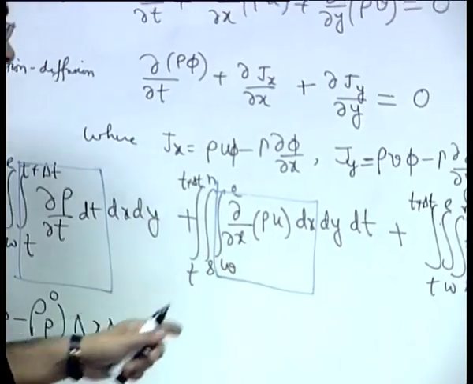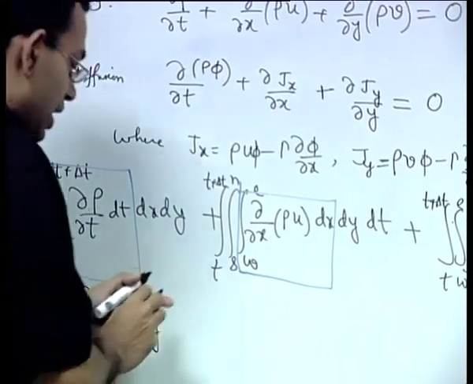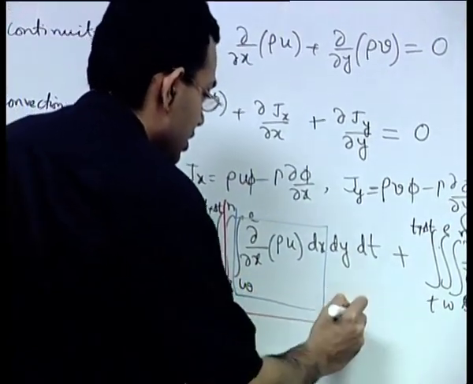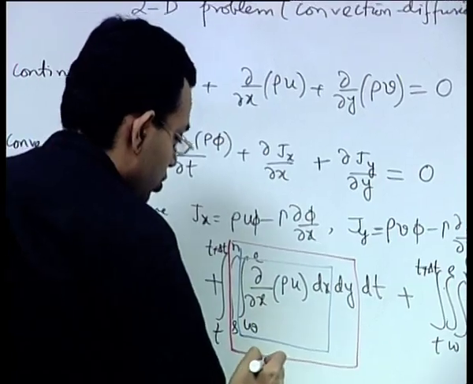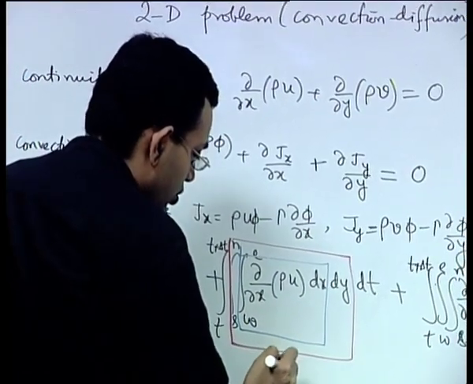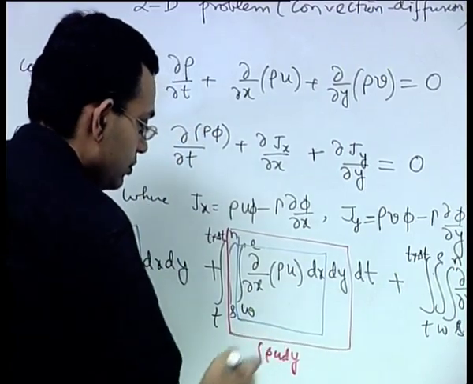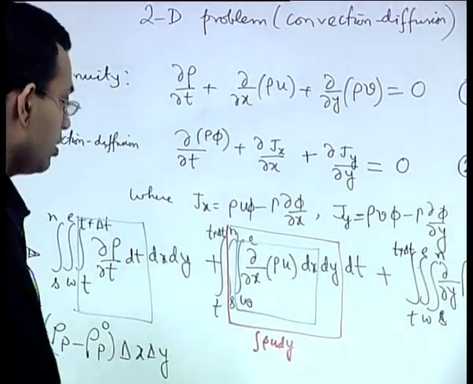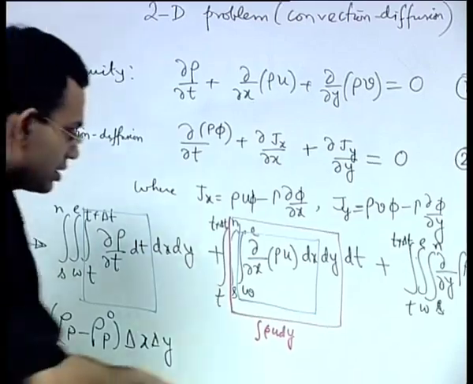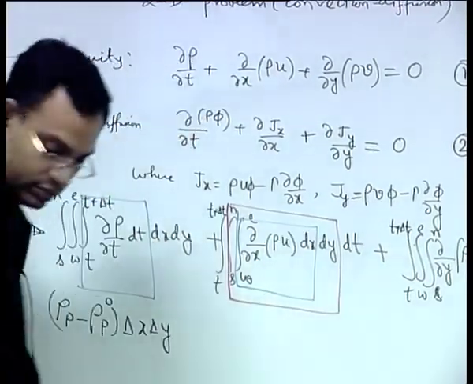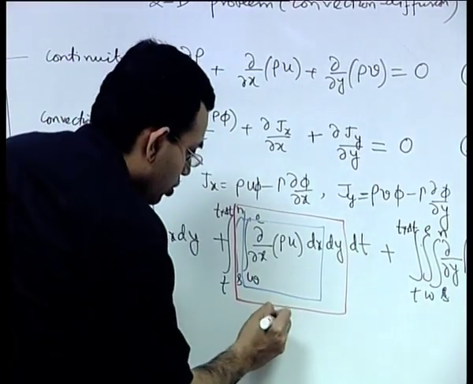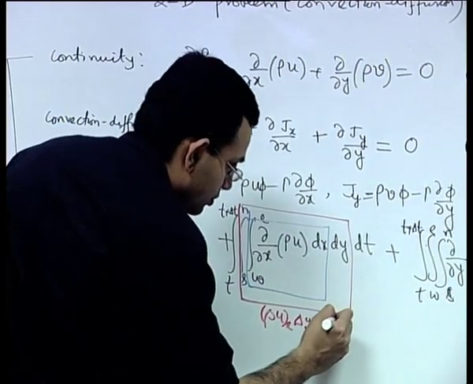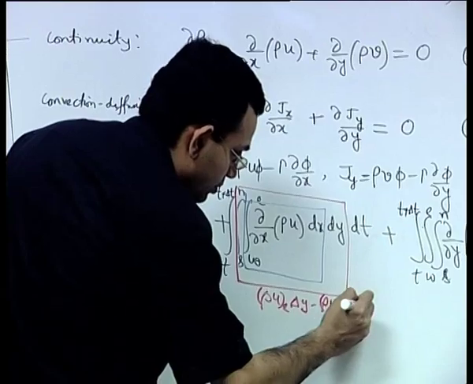So we can combine these terms together, this along with integral of dy, to call this integral of rho u dy, which we can simply write as rho u e delta y minus rho u w delta y.